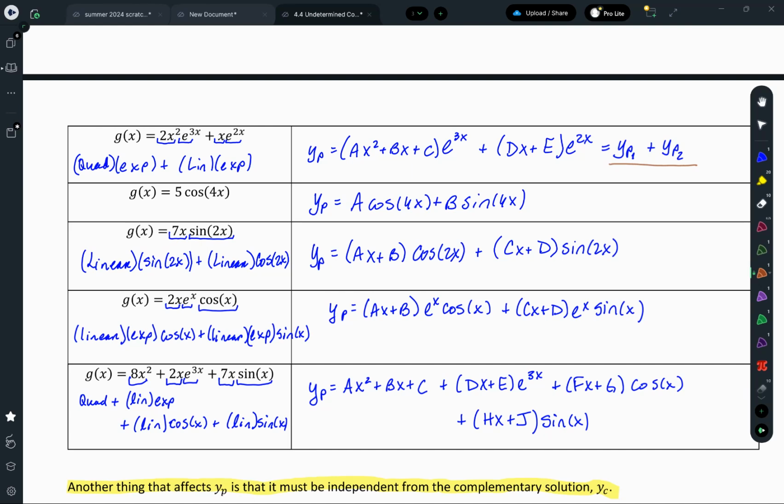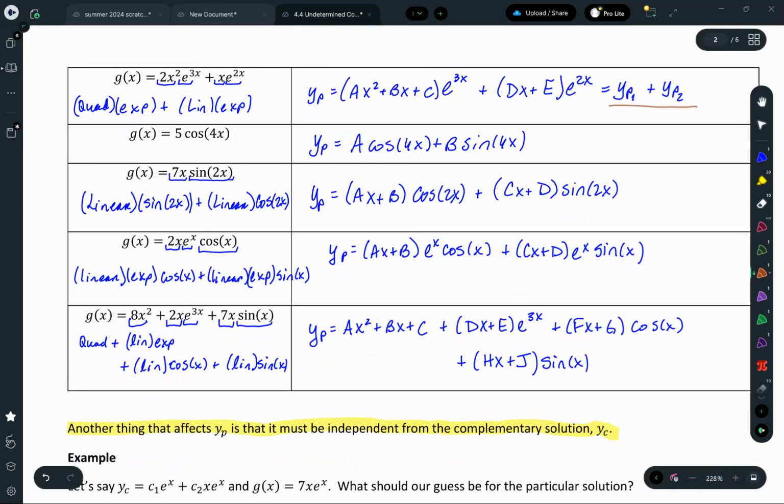Well, in this particular case where I have the y sub p is ax squared plus bx plus c times e to the 3x, that was y sub p1. If it is independent of the complementary solution, then I'm not going to multiply it by an x. But if the second part, the dx plus e times e to the 2x, has repetitions in the complementary solution, then I'm going to fix it. Okay, so I only fixed the part that's broken, but I fixed the full part.